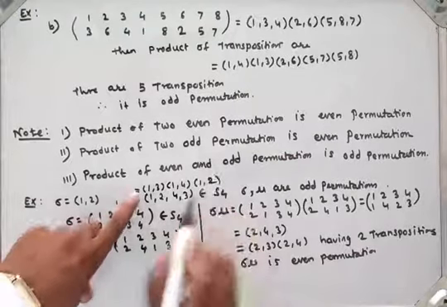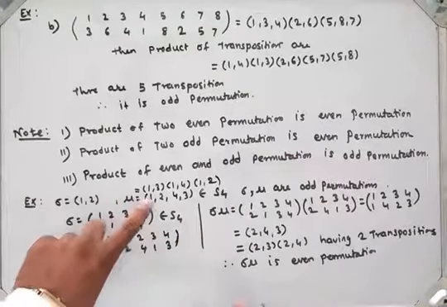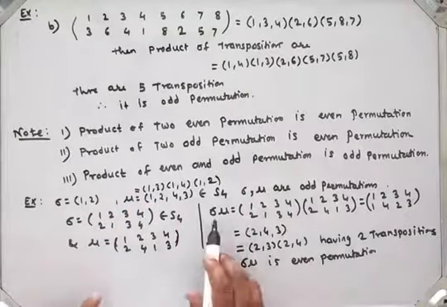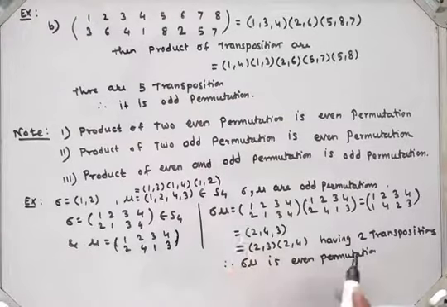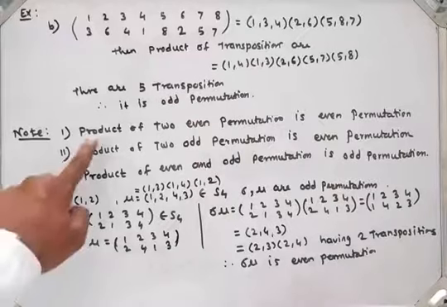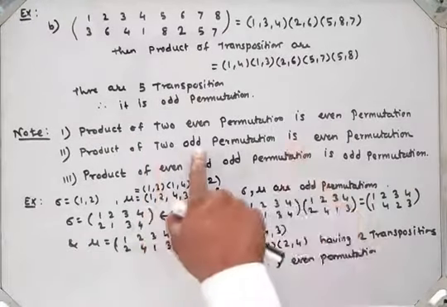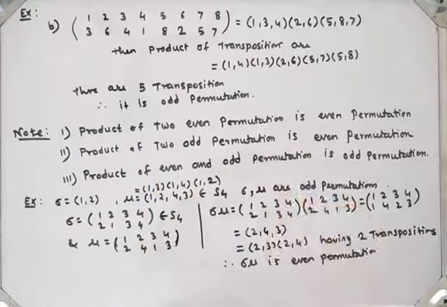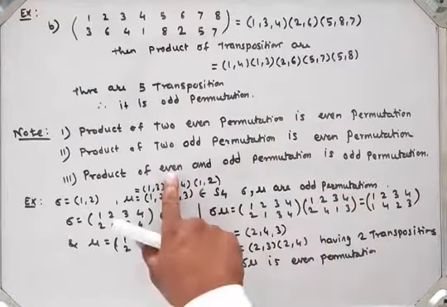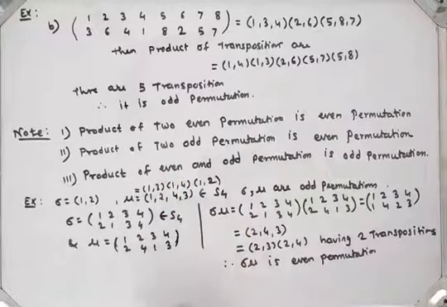So in total there are 3 transpositions, which is again odd, and the product of two odd permutations is an even permutation, right? Hence if we have two even permutations, then the product is even. If we have two odd permutations, then the product is an even permutation. And if one permutation is even and one is odd, then their product is always an odd permutation.